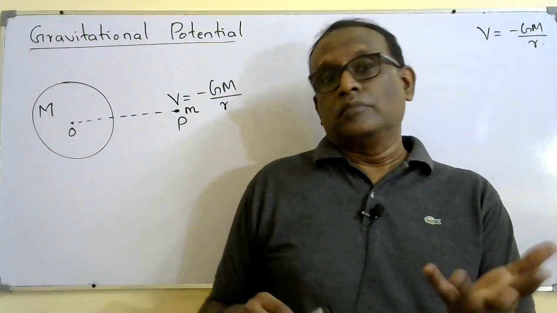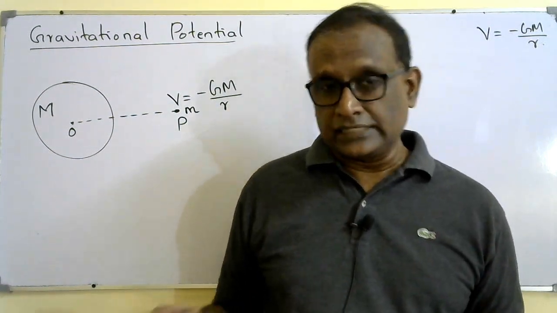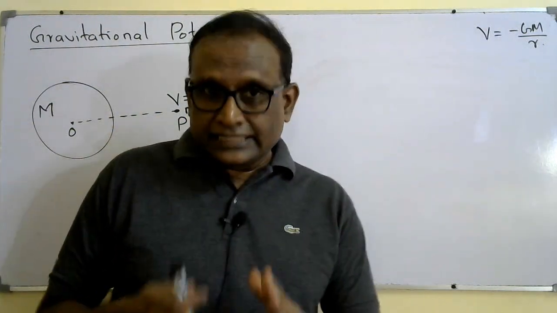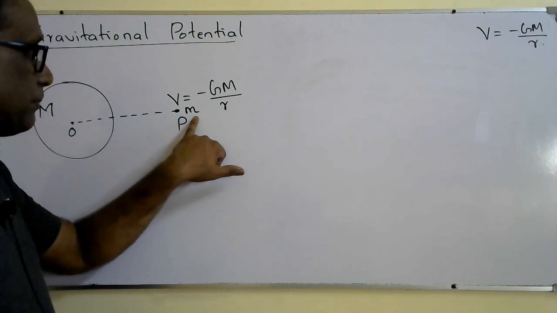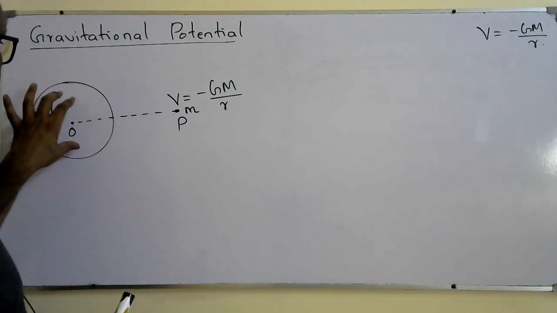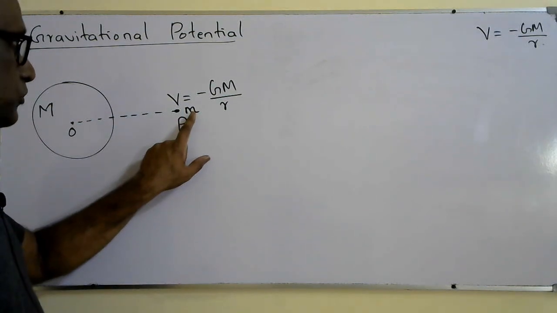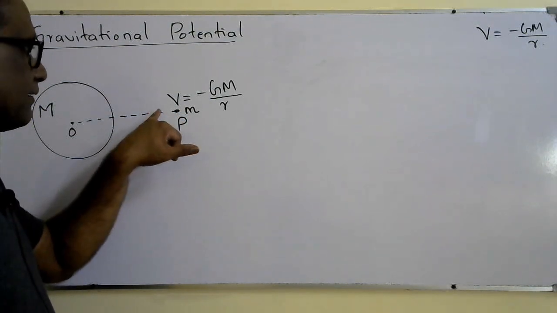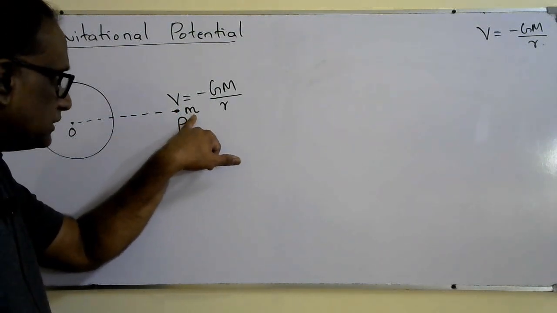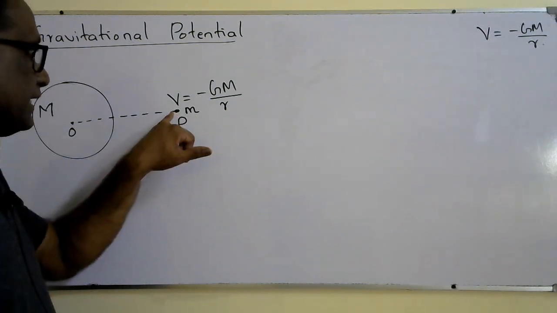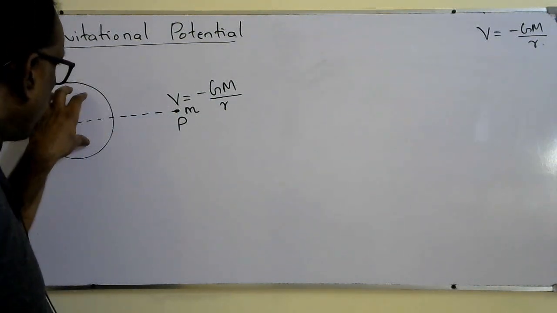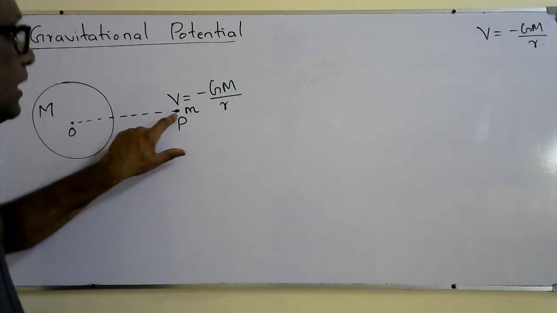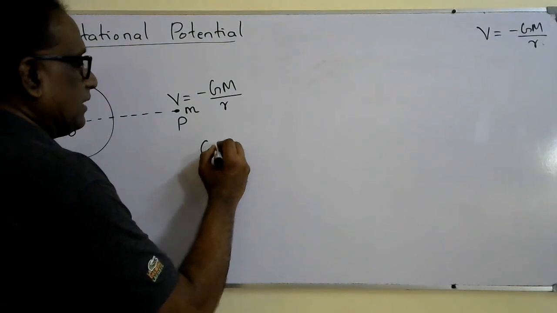But here we can calculate the gravitational potential energy of mass m when it is kept in the gravitational field created by mass capital M. So the gravitational potential energy of an object, it could be a small object, a satellite or whatever it is, of mass m in the gravitational field created by the mass capital M at distance r from it, is given by the gravitational potential times the mass of the object.